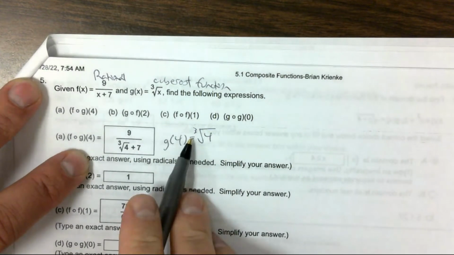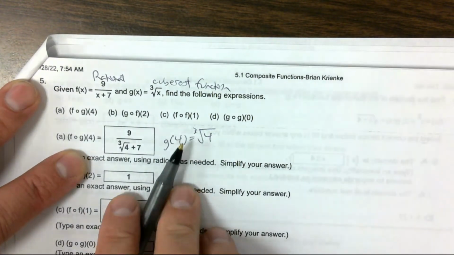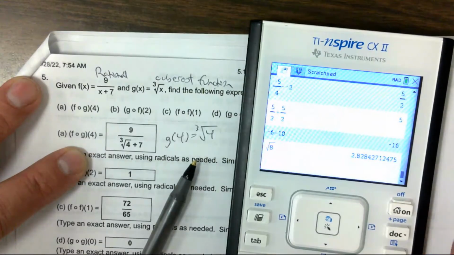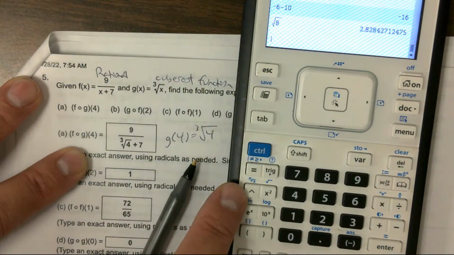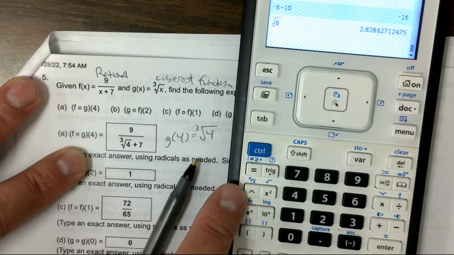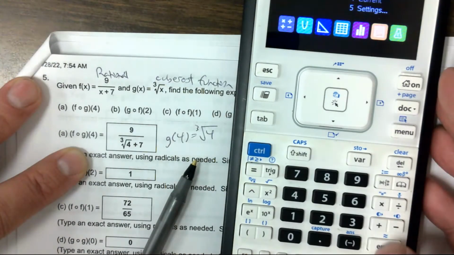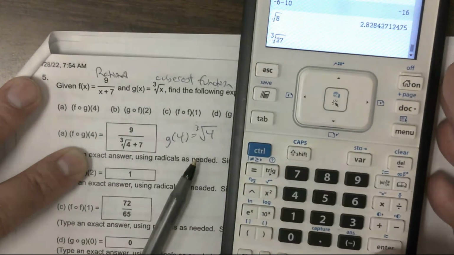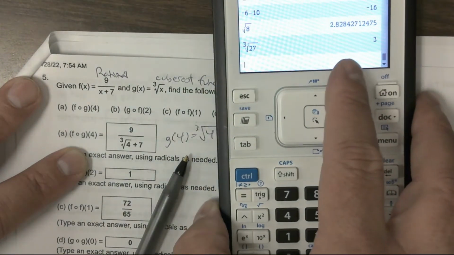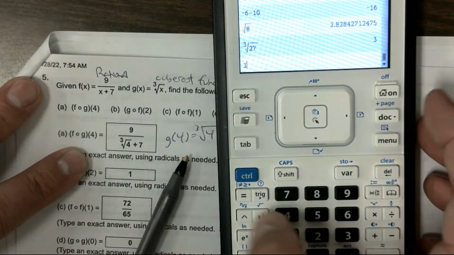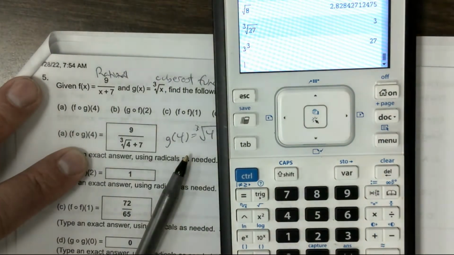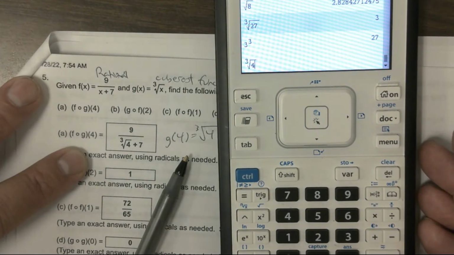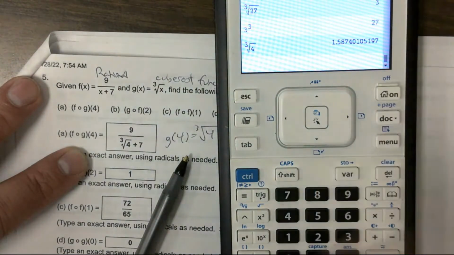Remember, in this case we don't want a decimal or anything, but if you were to type it, you'd want to go to the calculate screen and do this little thing called n to the x. So like if I do the third root of 27, that really is 3, because it's 3 to the third power. That's how it's all related. But in my case I'm doing the third root of 4, which won't simplify. It shows me a decimal, and we don't want decimals.